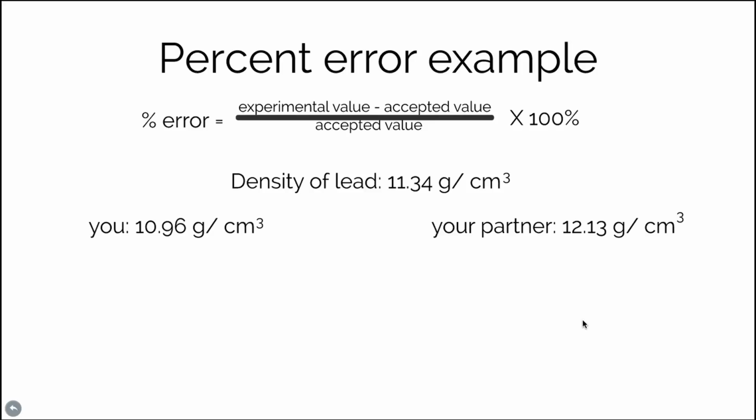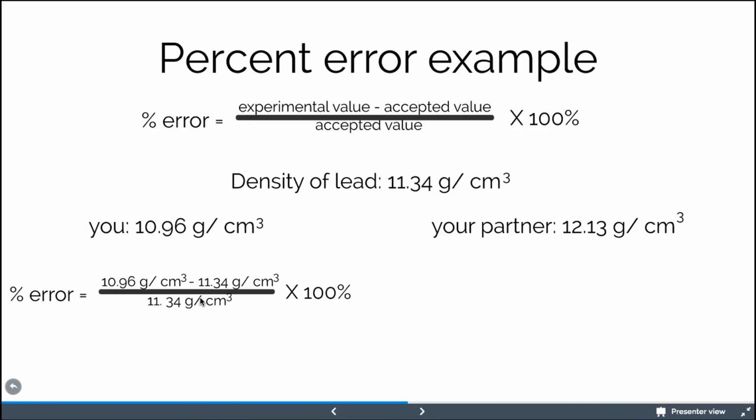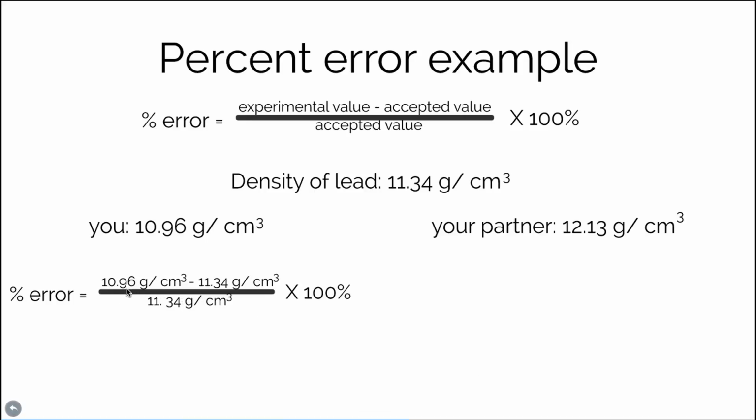All right, so clearly neither of you hit it on the head, but what we have to see is if you are within an acceptable range. So let's go ahead and plug in your value into our density formula. Sorry, this is not the density formula, this is the percent error formula. Plug your density into the percent error formula. So here you have 10.96, this is your experimental value, and you subtract the accepted value of 11.34 grams per cubic centimeter.